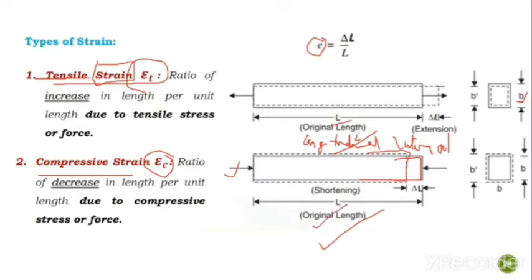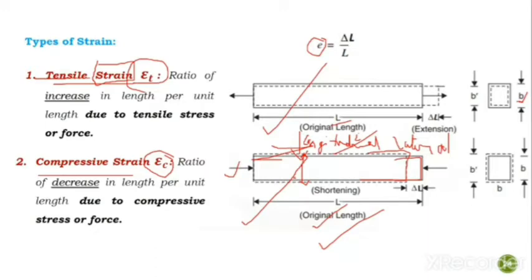The longitudinal dimension has decreased, whereas you can see from the dotted lines that the final lateral dimension has increased. So the deformations under tensile and compressive forces are quite opposite to each other, isn't it? The thing you need to remember is that even though force is not acting in this direction, there is a lateral strain. The lateral dimension is also going to change.